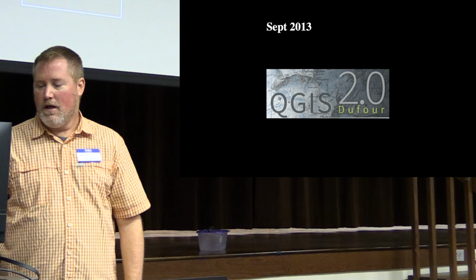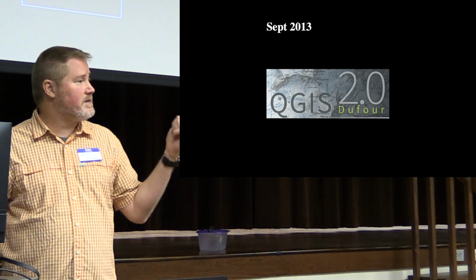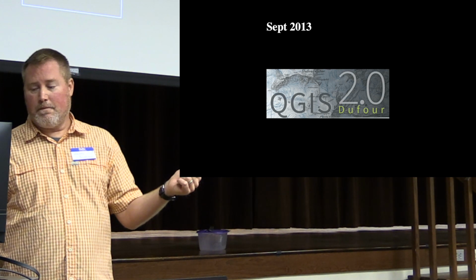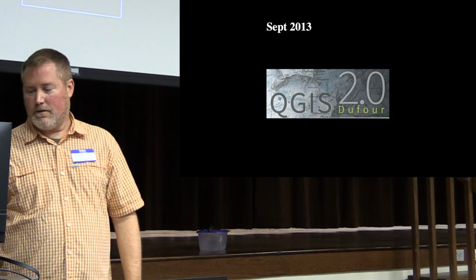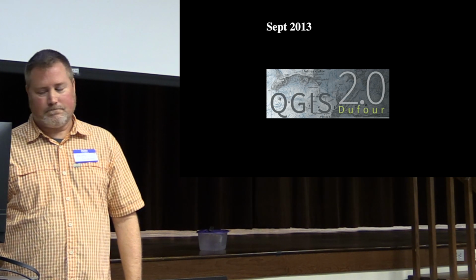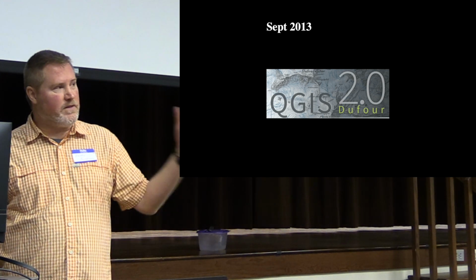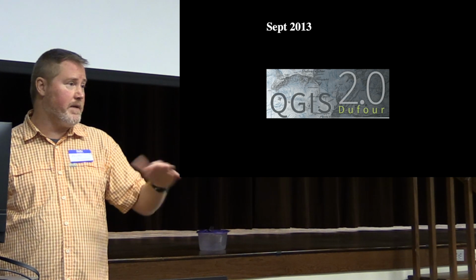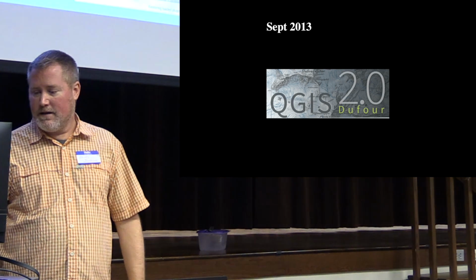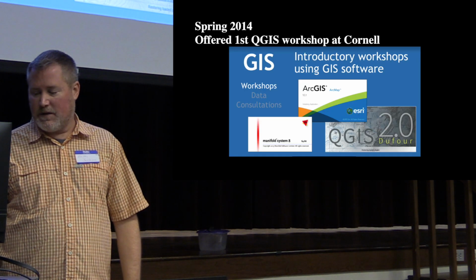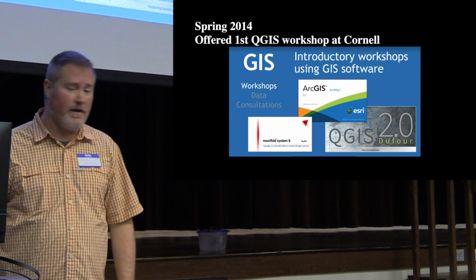This is a screenshot of QGIS 2.0, which came out in September 2013. I felt that the step up to 2.0 was a big change in terms of the solidity of the interface. So the next spring, that's when I started introducing a QGIS workshop at the library.